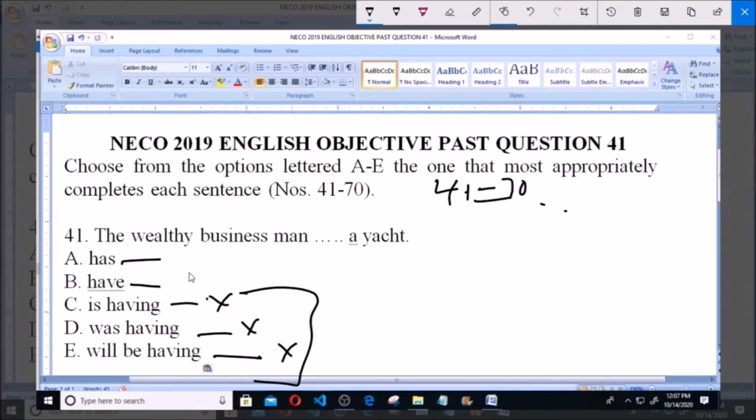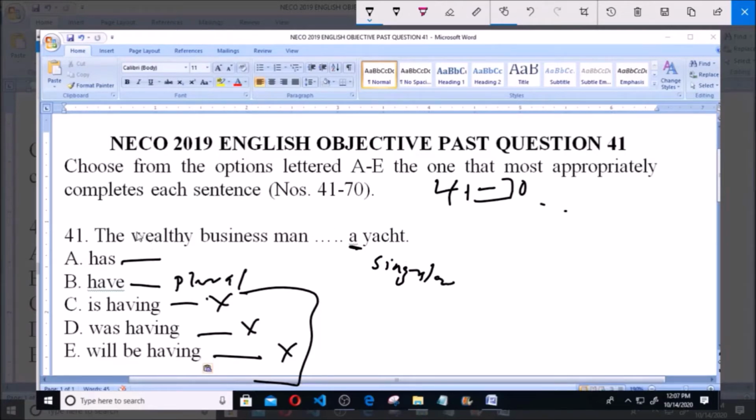Now let's consider options A and B. The wealthy businessman dash a yacht. We cannot say the wealthy businessman have a yacht, because first of all, have is plural in nature, and the article a tells us the noun is singular, since the noun that comes after the article a is in singular form.